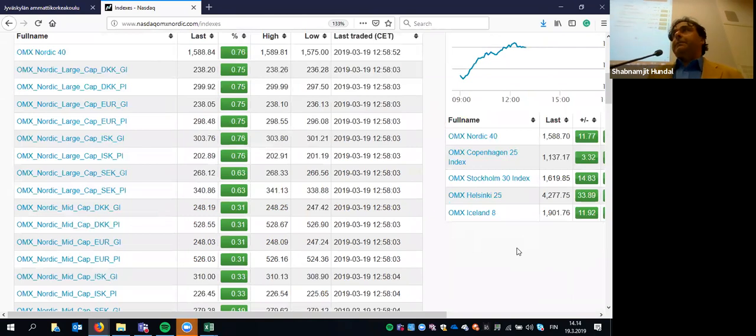This includes the 40 biggest companies in the Nordic region. I will not take this because I'm focusing on the Finnish index. I look down and find OMX Helsinki 25, the overall indicator of the average of the 25 biggest companies in Helsinki. I can bet Nokia is one of them.